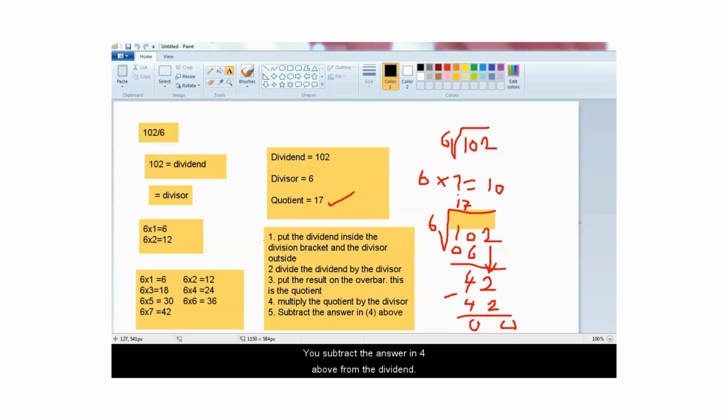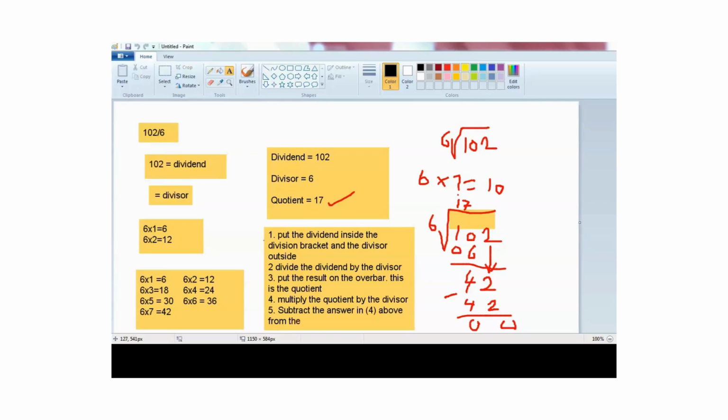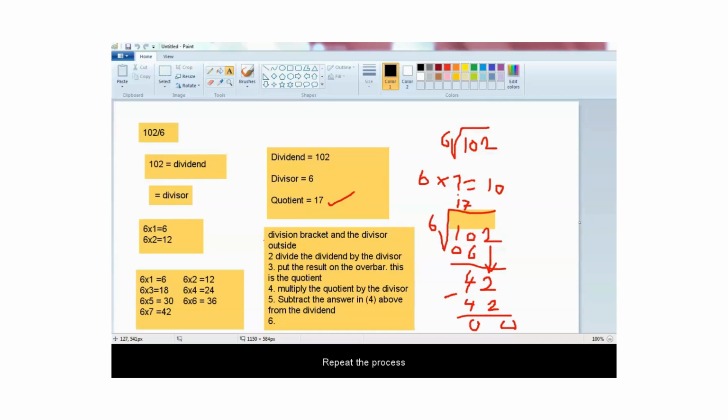And you subtract the answer in 4 above from the dividend. Repeat the process.